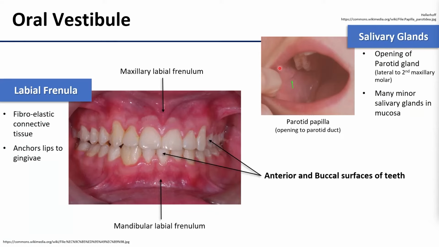You can actually find this pretty easily on yourself in the mirror just by gently retracting your cheek and having a look. In addition to this big opening for saliva, there are many, many minor salivary glands embedded in the mucosa of the oral vestibule as well. You're not likely to find those ones in the mirror, though.